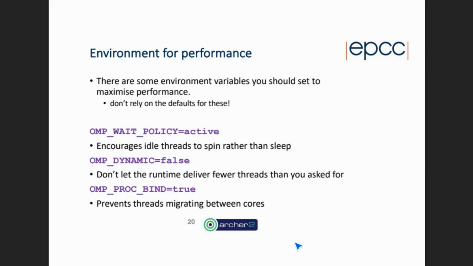If you're operating under a batch system, then you probably don't need to do that. Depends on how the batch system's been set up. But mostly you'll find that batch systems will do the thread binding for you, and you don't need to care about this one.